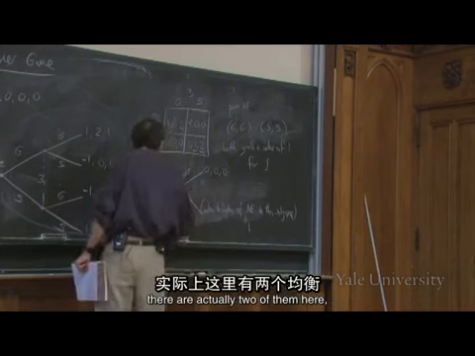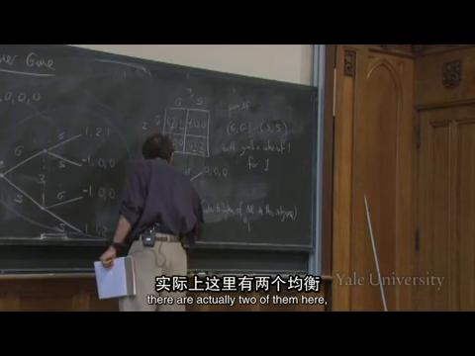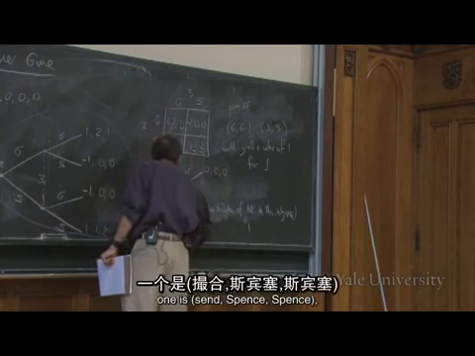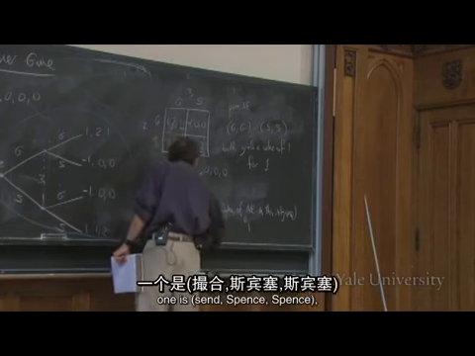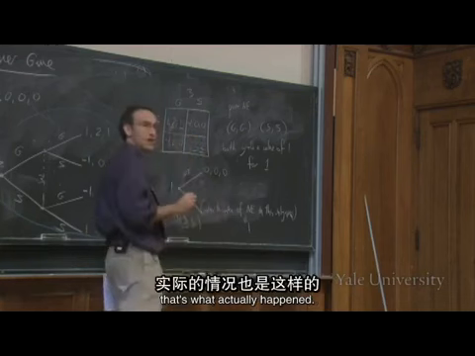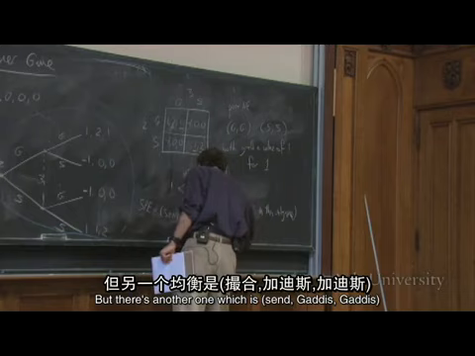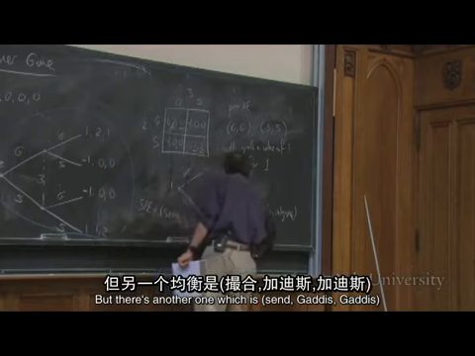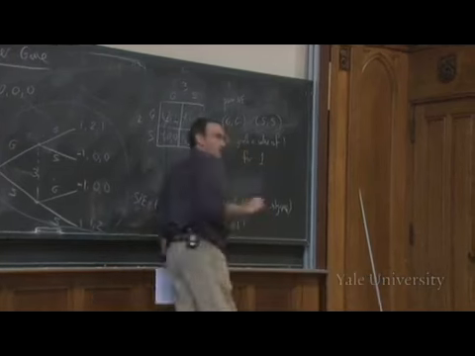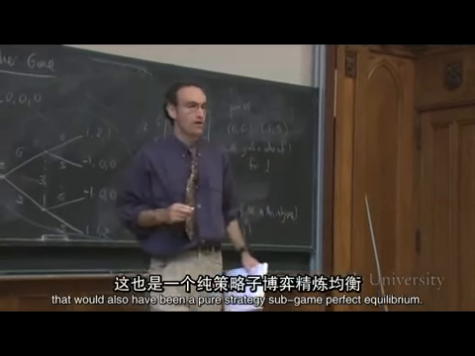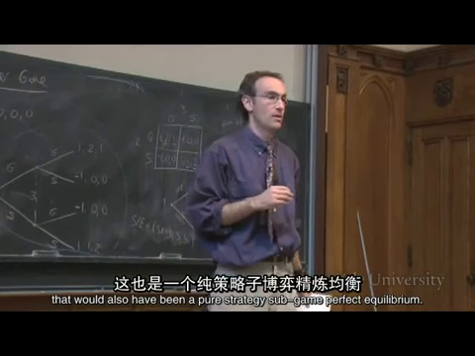All right? So the subgame perfect equilibrium, therefore, there are actually two of them here. One is send Spence Spence. That's what actually happened. But there's another one which is send Gaddis Gaddis. Right, that would also have been a pure strategy subgame perfect equilibrium.